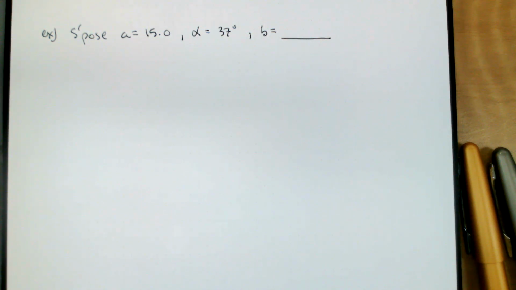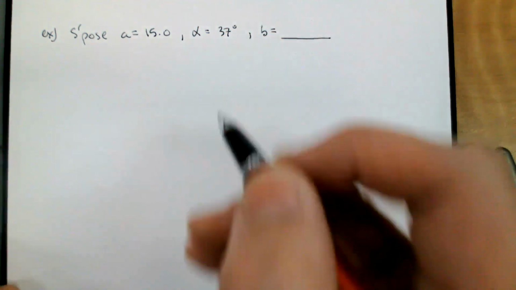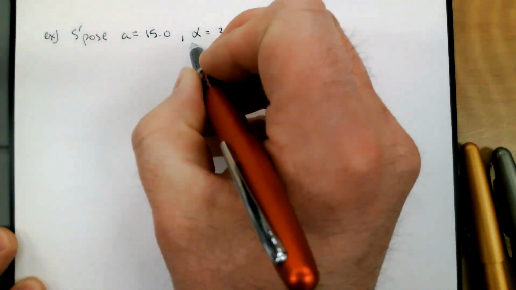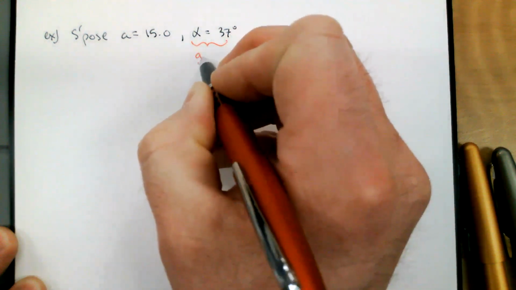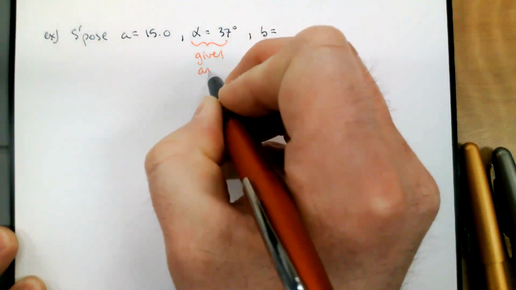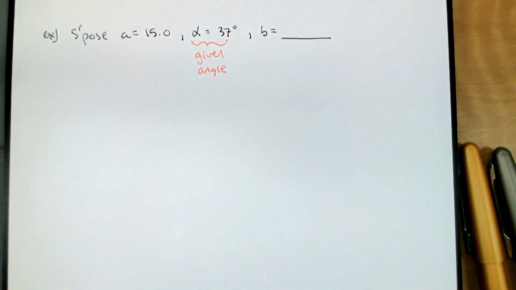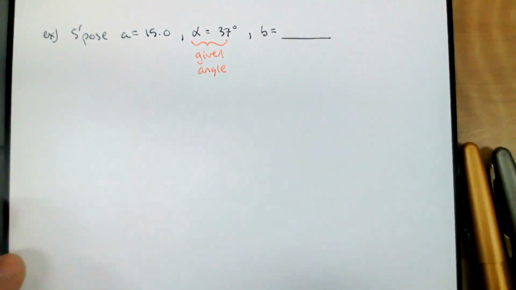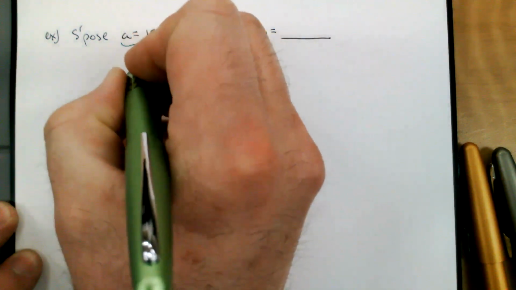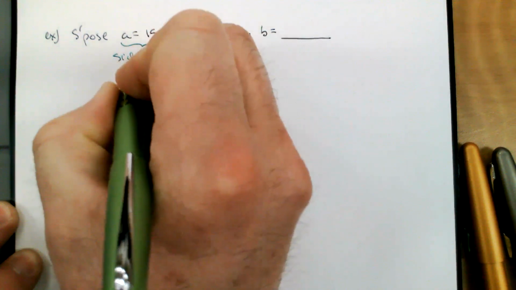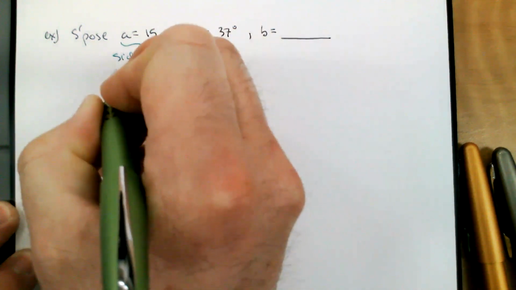What are we talking about? Oh, yes. So we're going to name some parts. Alpha is going to be called the given angle. A is the side opposite the given angle. So I'm going to call it the side opposite the given angle. Maybe we should get someone more creative up here to name these, but you got me. So A is the side opposite the given angle.